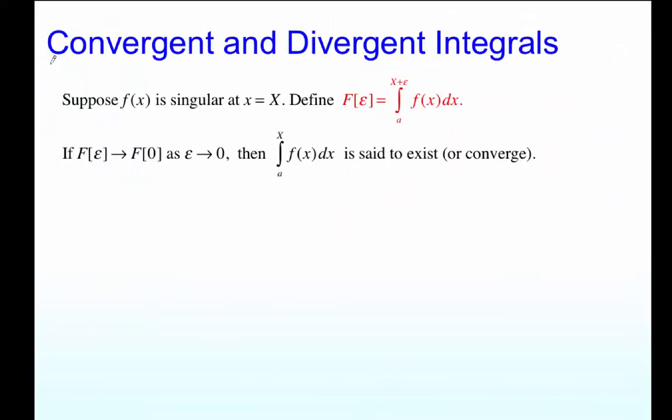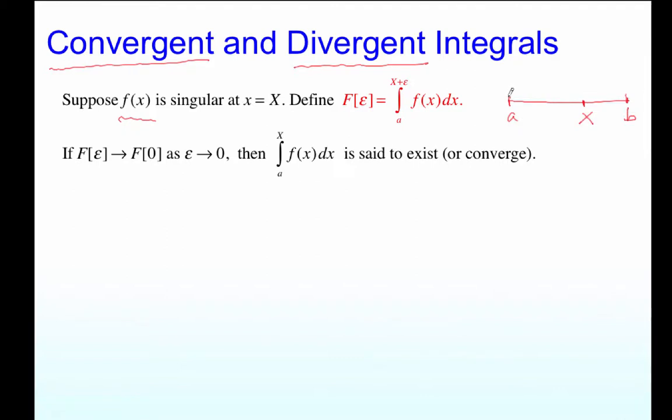The question of the existence of an integral takes us to the topic of convergent and divergent integrals. Now, suppose f of x is a function that's singular at the point x equals capital F. So let me, for the sake of being definite, take the closed interval a to b, and let's say that x is some point which is between a and b.